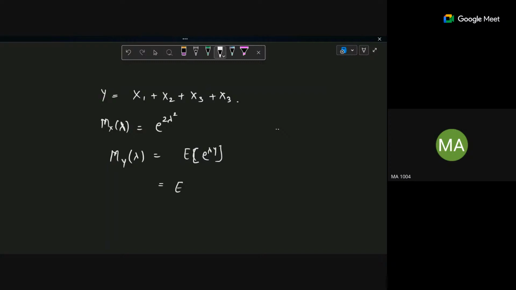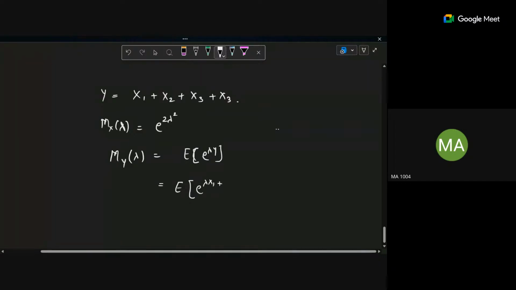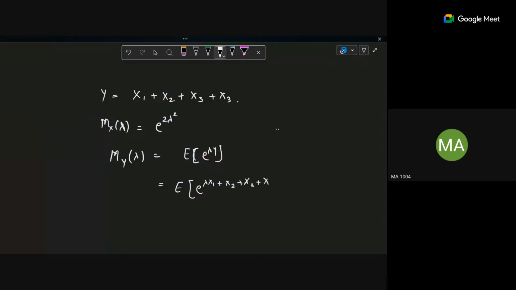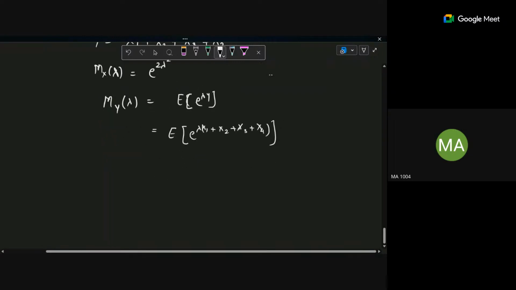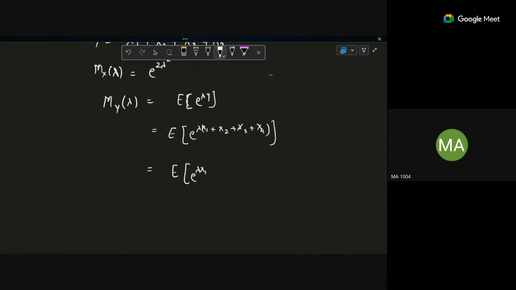So expectation of e power lambda Y. How to write Y? Y is X1 plus X2 plus X3 plus X4, right? Yes, ma'am. So all Xi's are independent, right? Independent and identically distributed.